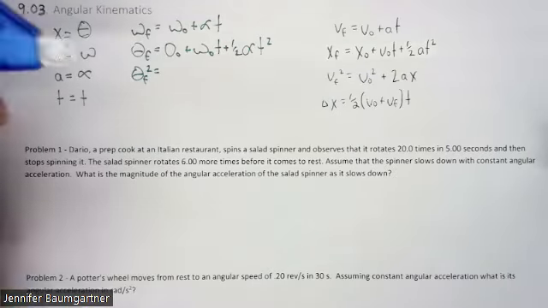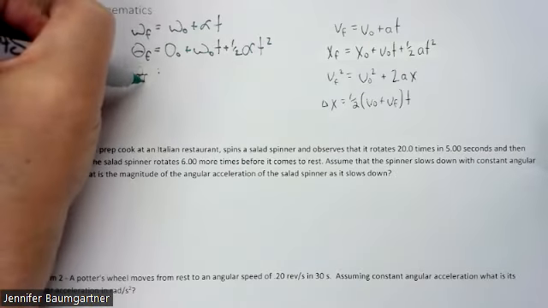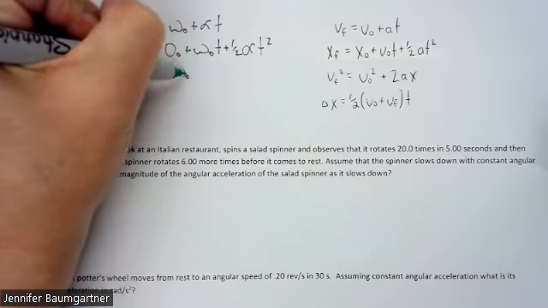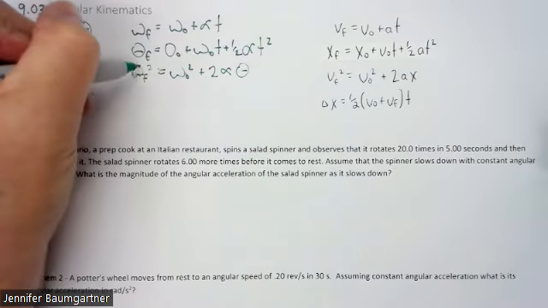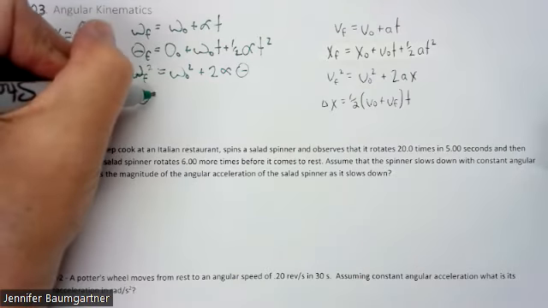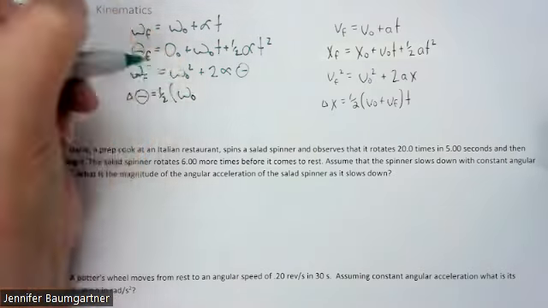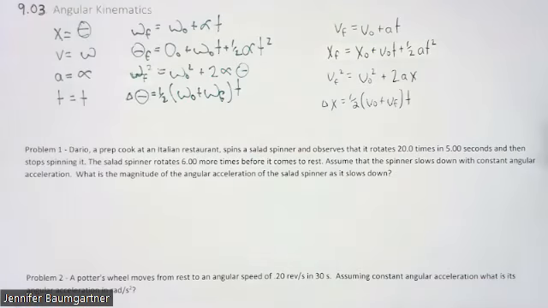I'll grab my white out. Omega final squared equals omega initial squared plus 2 alpha theta. And then finally, the change in theta is equal to 1/2 omega initial plus omega final times time. So they really do stay the same. It's one for one. Again, we just change the letters so that we know we're in rotational and not translational.